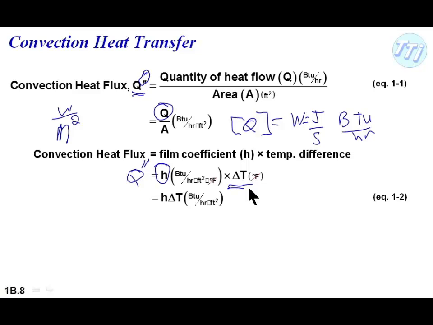The temperature difference is the temperature of the solid and the temperature of the fluid medium well away from the surface. That film coefficient is dependent on geometry and on the type of fluid. It's usually something that's experimentally measured, and there are equations to predict what those values should be.